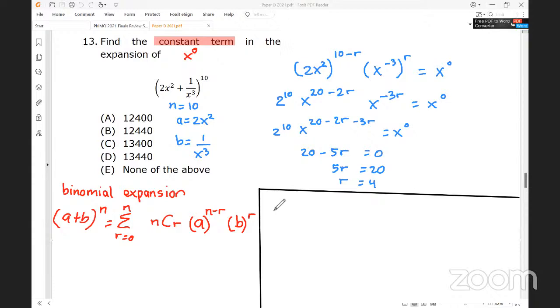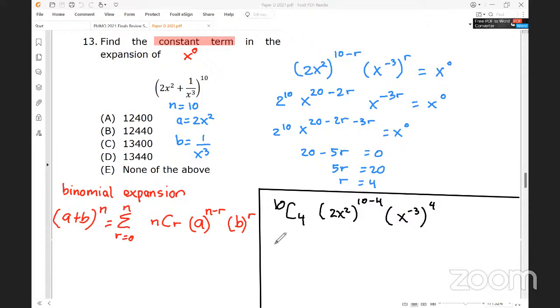So the nCr, 10C4, and then a, 2x squared in the power of 10 minus 4, times x in the power of -3 in the power of 4.